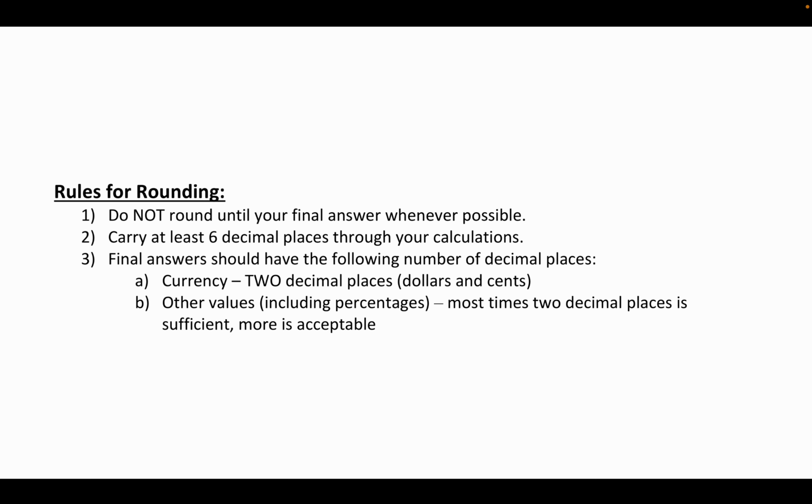Other values such as percentages, so we do a lot of work with percentages as well. 2 is a great guideline here. 2 decimal places is wonderful. In this case, more decimal places would be acceptable. More is typically better than less. So 2 decimal places, get used to that rounding because you're going to be using it a lot throughout the course.